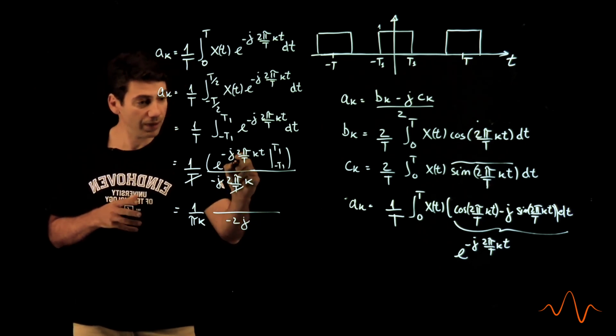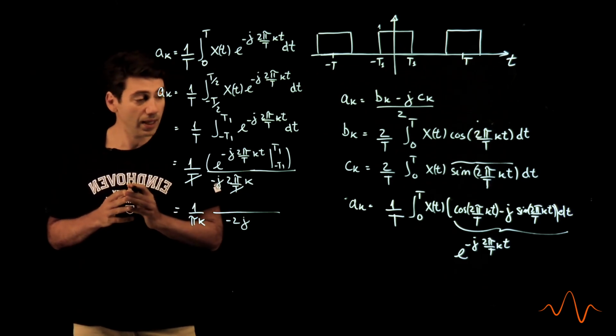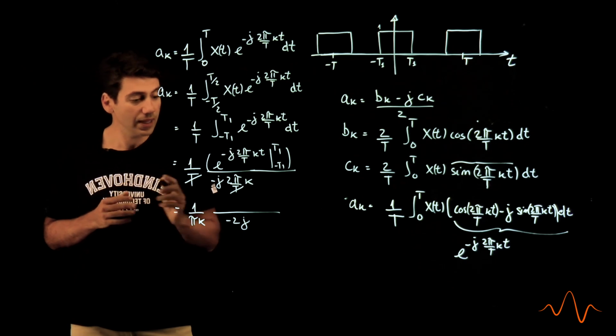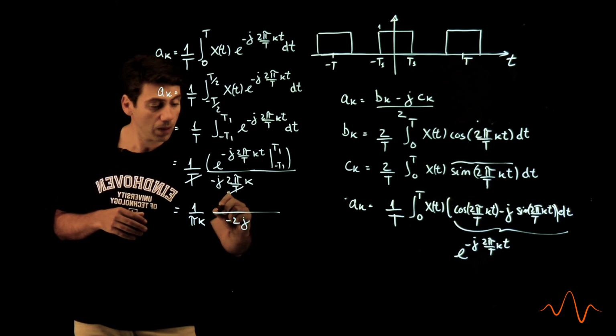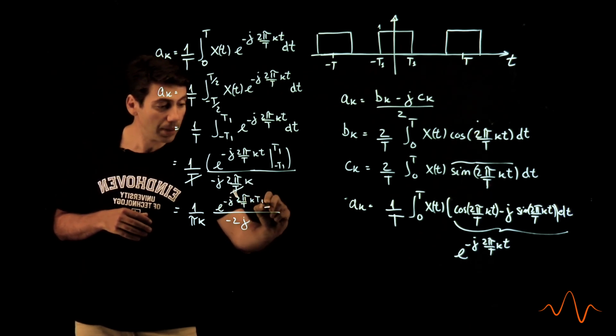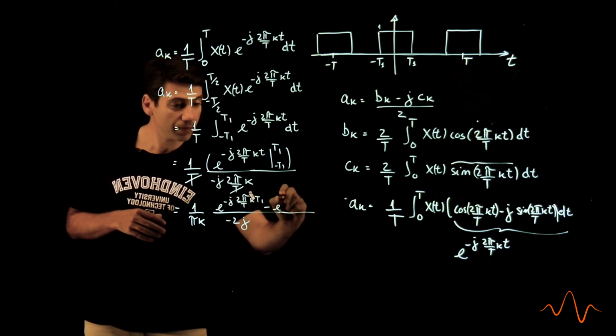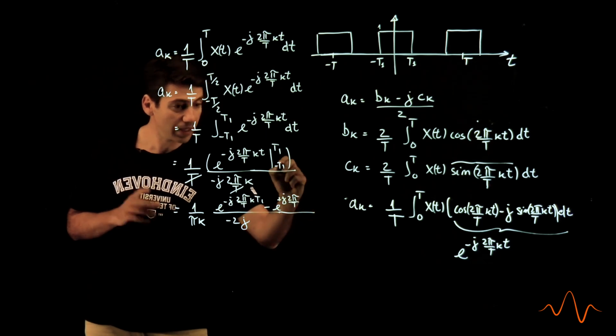And I'm going to evaluate, as I said, this function in these two boundaries, limits of integration. And this will give me e to the power of minus j 2 pi over capital T k t1 minus e to the power of minus j 2 pi over capital T, and this is a plus because I get a minus and a minus t1.